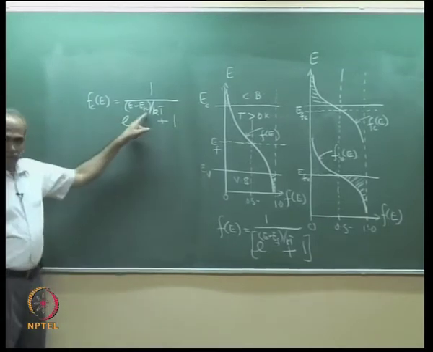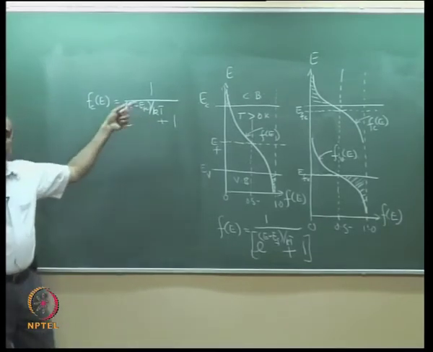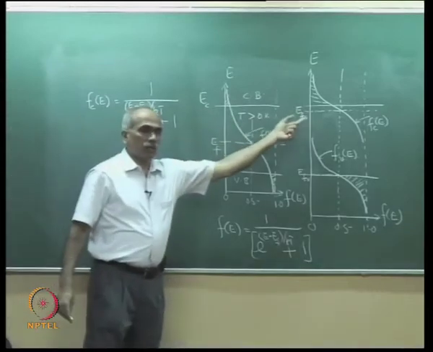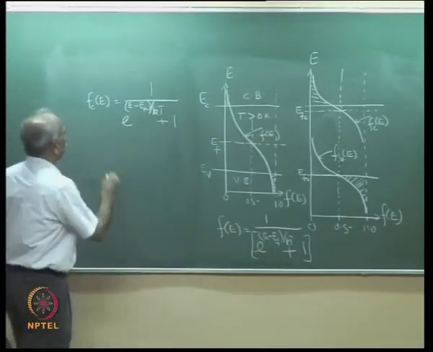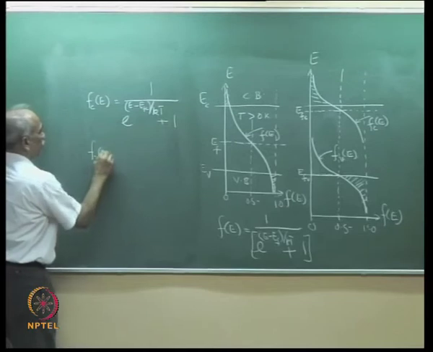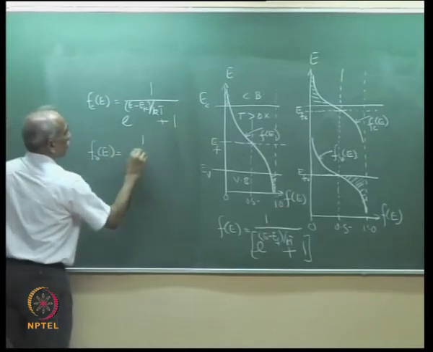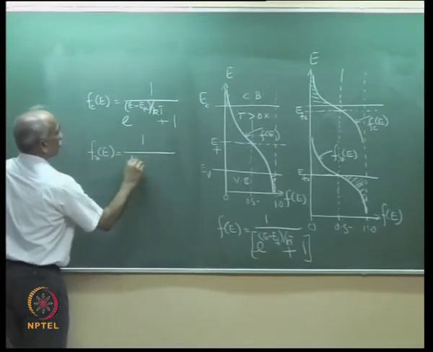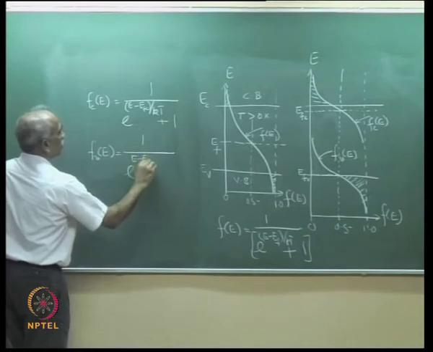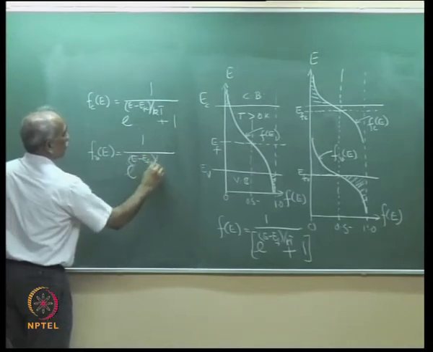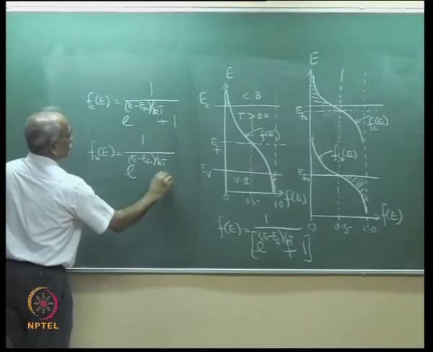So instead of EF, we have EFC, and here we have EFV. So Fv of E is equal to 1 divided by e to the power E minus EFV by kT plus 1.